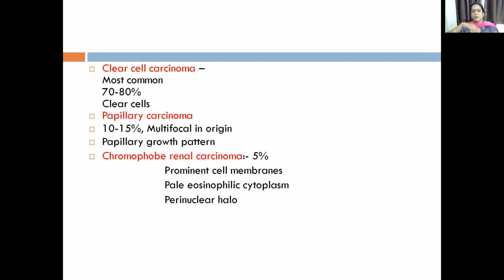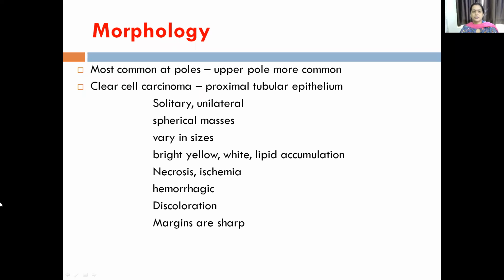Papillary means finger type, you know, they are lined by the cells, okay? And in chromophobe renal cell carcinoma, you find pale eosinophilic cytoplasm, perinuclear halo and prominent cell membranes, which accounts for 5% of renal cell carcinomas. So usually it is the upper pole which is more commonly involved.